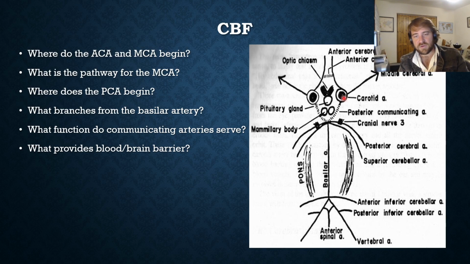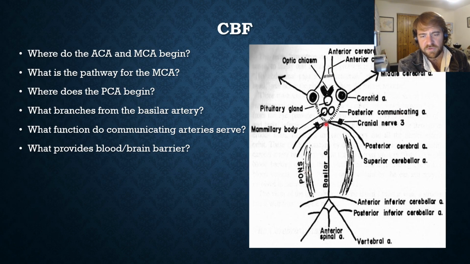And they're going to turn into, let's just talk about the right one where I am here. So we'll talk about the right carotid artery comes up. It's going to dead end as well. There's not a carotid artery that continues from here. It turns into the ACA, the anterior cerebral artery, and the MCA, the middle cerebral artery. So it's going to come up and it's going to branch as well.